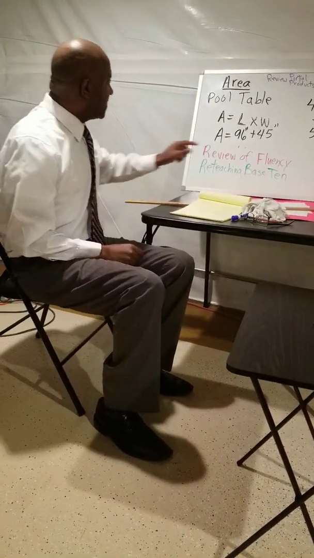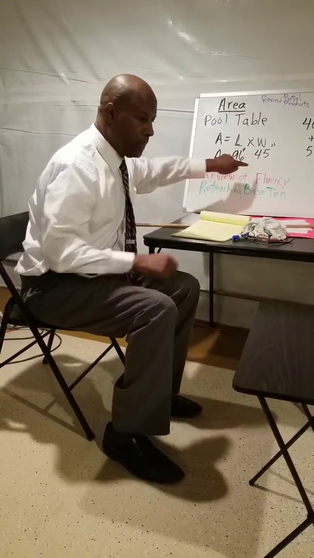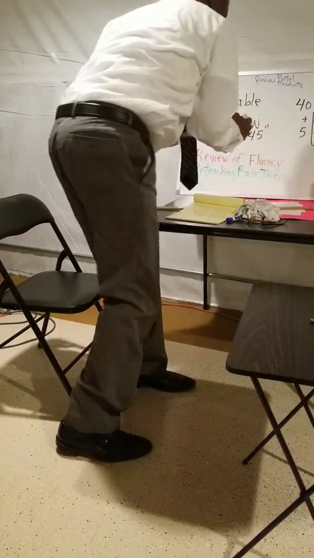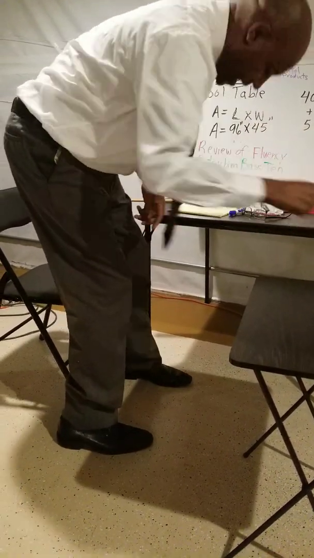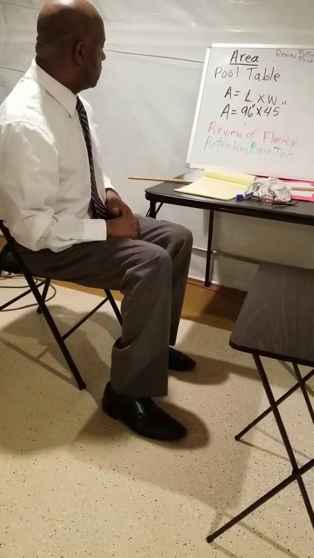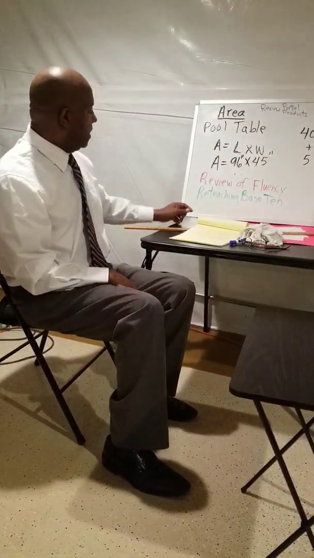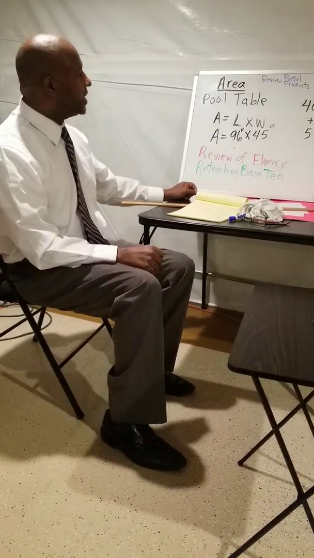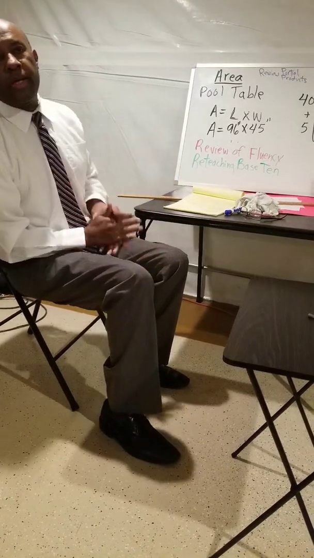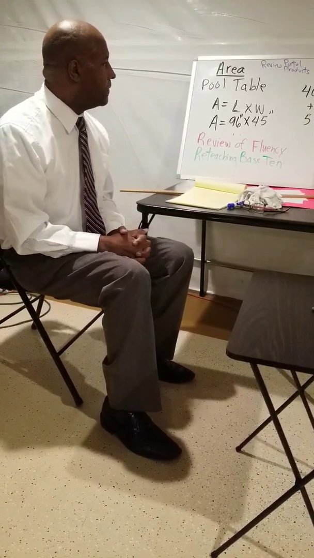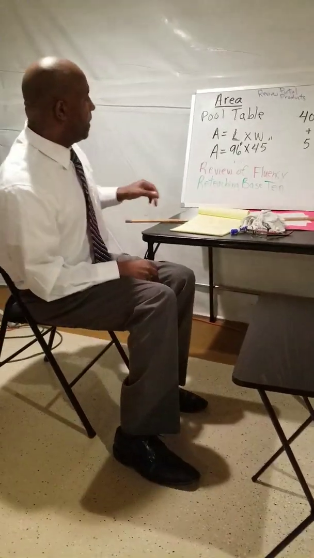What's 96, not plus, but times 45. Okay, 96 times 45. Once again, reviewing fluency, reteaching base 10, we're reviewing that, reviewing partial products, and we're reviewing all in one. We're dealing with place value, our place value strategy.